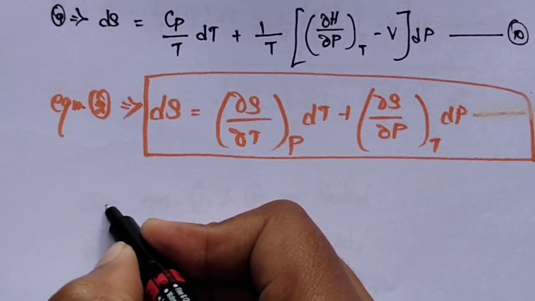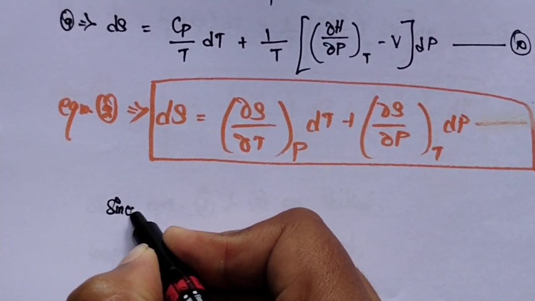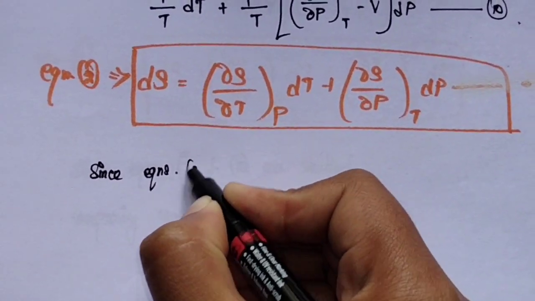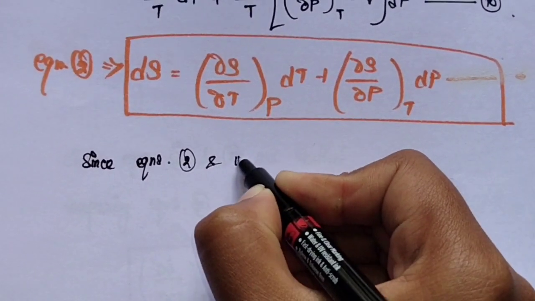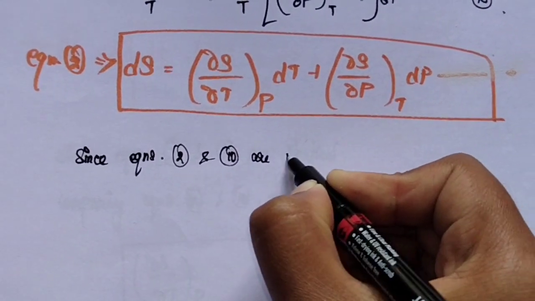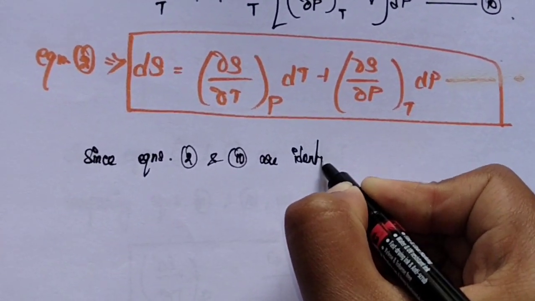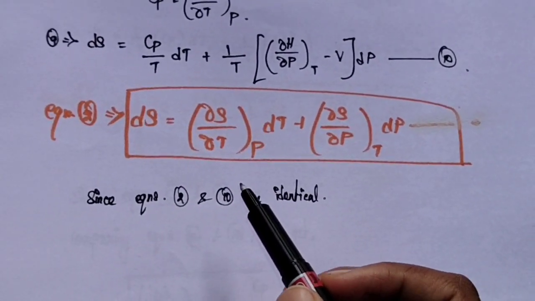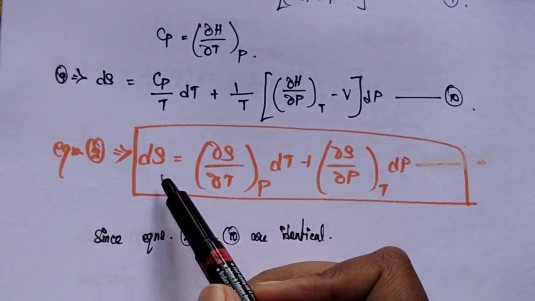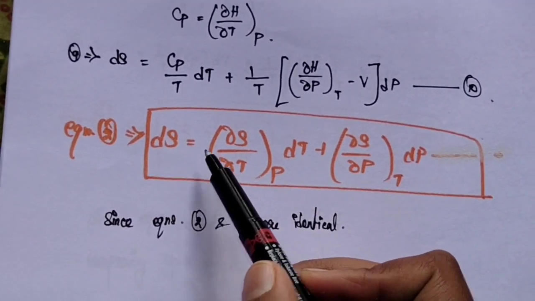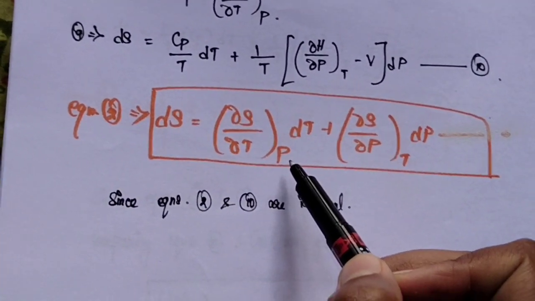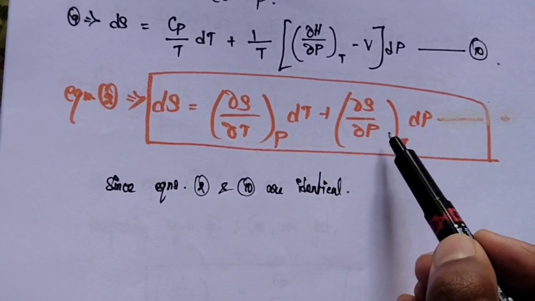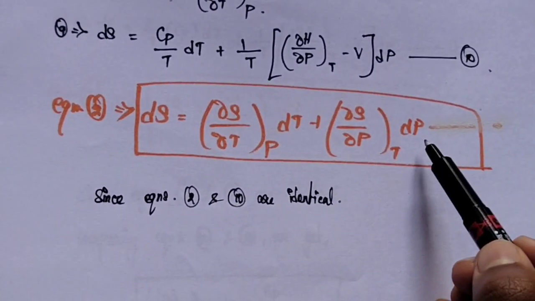Since equations 2 and 10 are identical, we can compare equation 2 and 10. So I have written equation 2 here, that is dS is equal to (∂S/∂T) at constant pressure times dT plus (∂S/∂P) at constant temperature times dP.